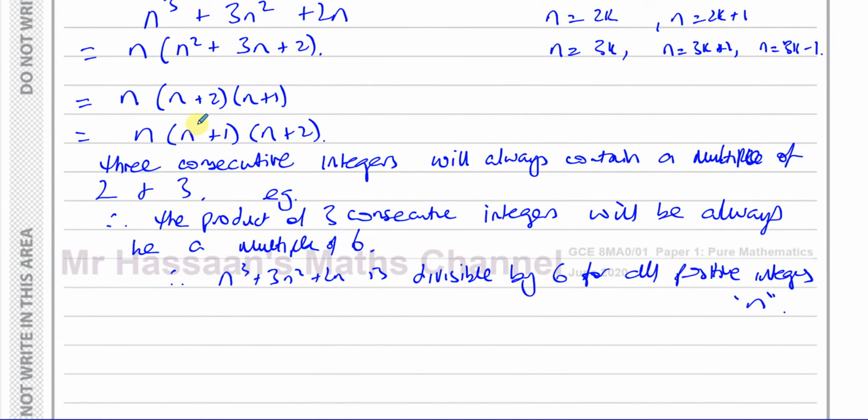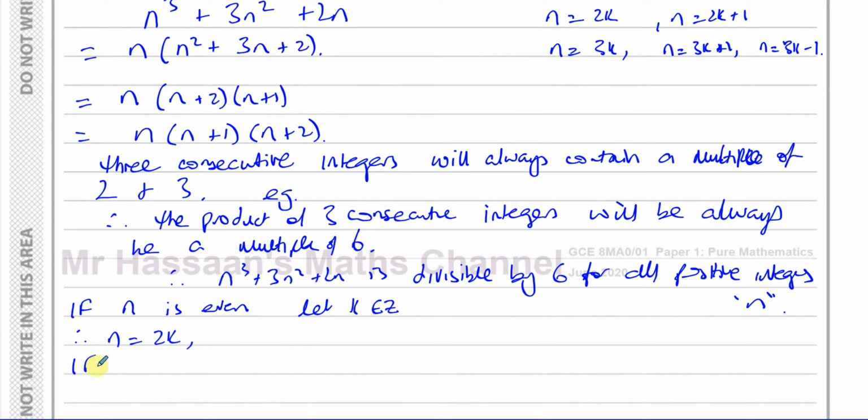So for example, let's consider if n is even, then we can say let k be an element of the integers. So therefore n can be 2k, that's n equals 2k.